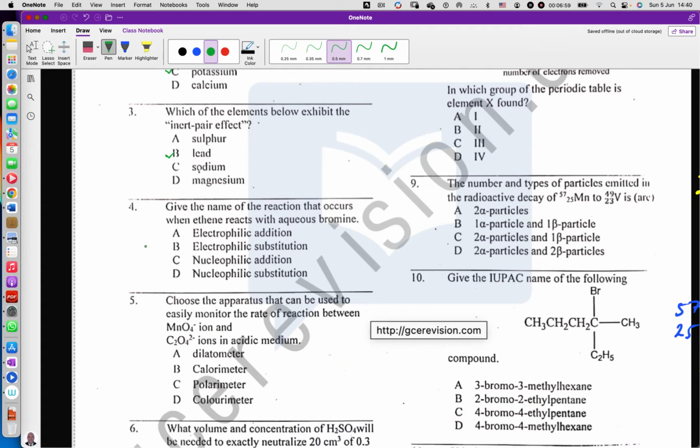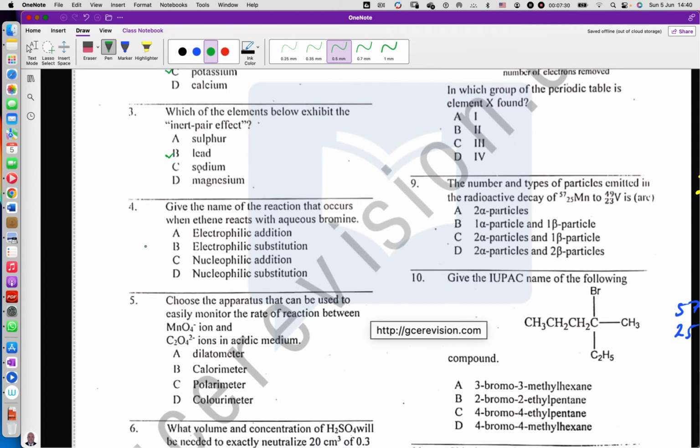In this case, ethene being an unsaturated hydrocarbon, the pi electrons in the double bond will donate a pair of electrons to bromine. And bromine will be acting as an electrophile.